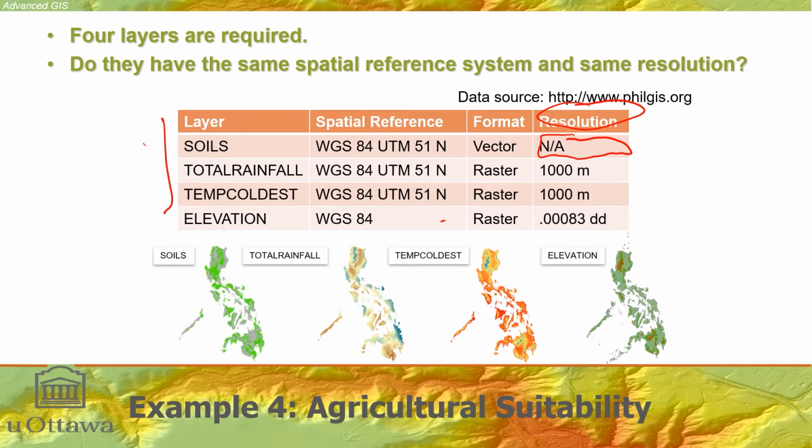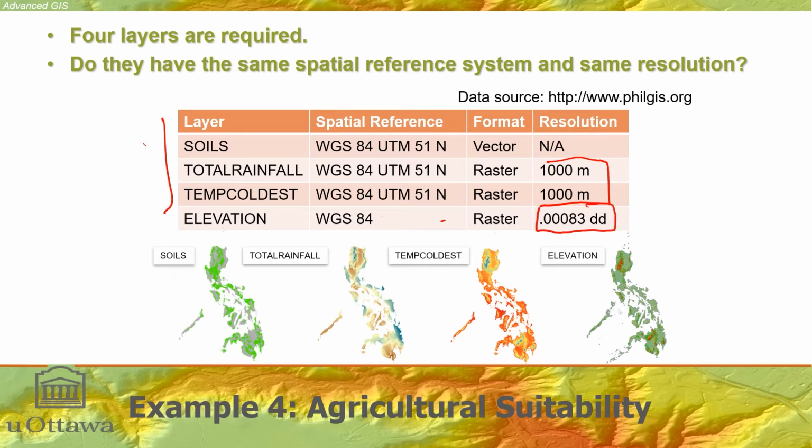It's a vector layer. We could have a base scale that it was created at, but we don't know. But we'll assume that it's something smaller than 1 to 1 million in scale. So the vector layer has no cell size right now. The middle two have a 1,000 meter cell size, and the smallest one has something in decimal degrees.